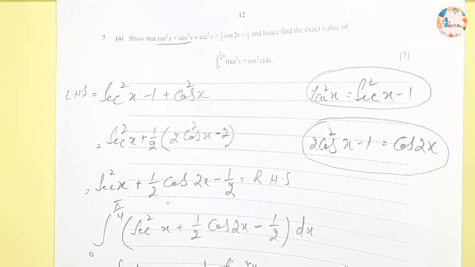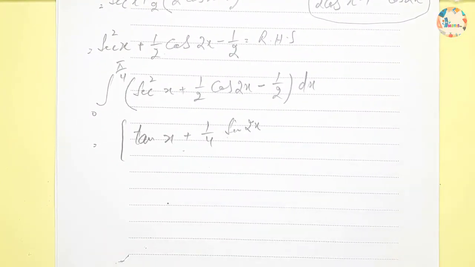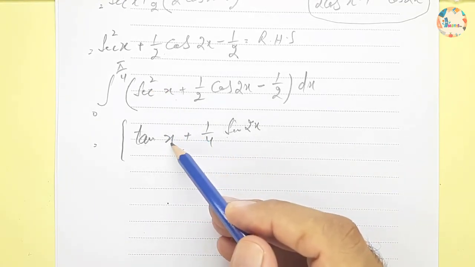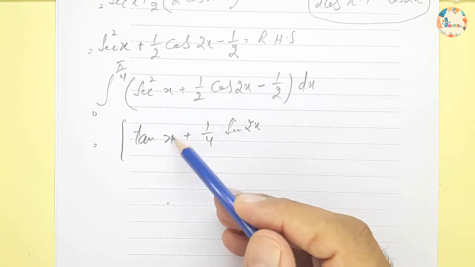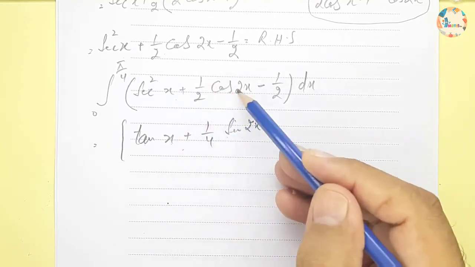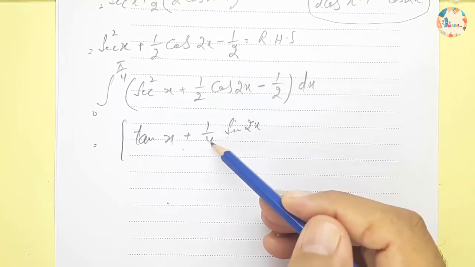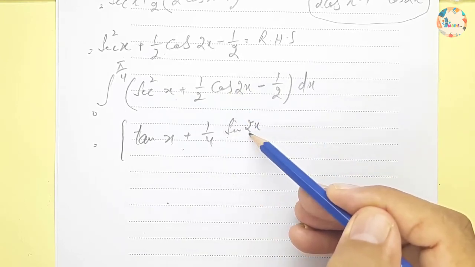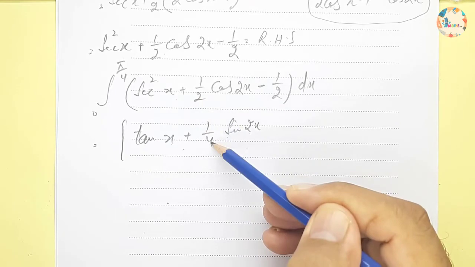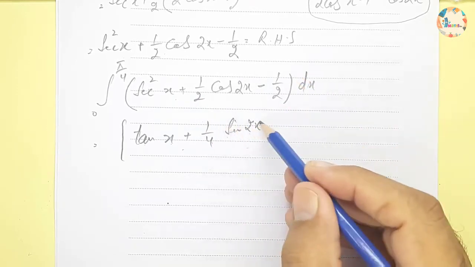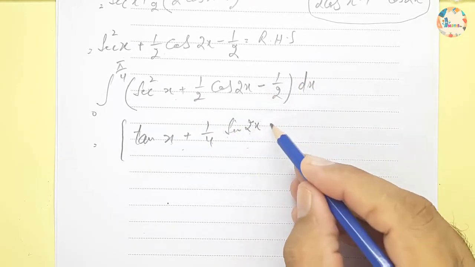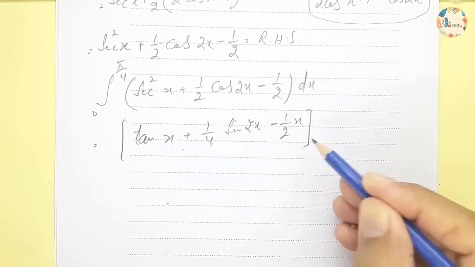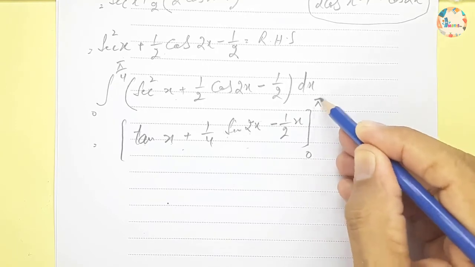I'll move the page so that you can see properly. So secant square x integrates to tan x, plus 1 by 2 with sine of 2x over 2, which gives 1 by 4, and minus 1 by 2x, with the limits 0 and pi by 4.